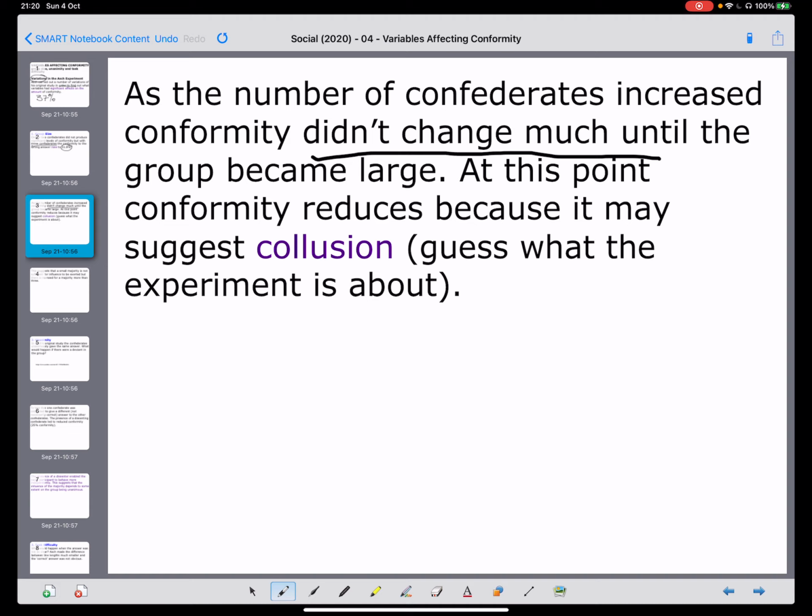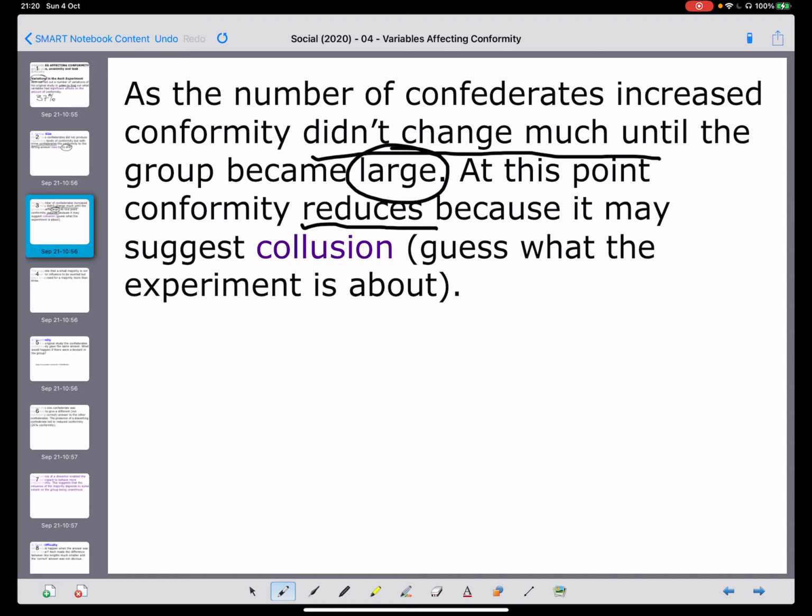But it says here, at one point, when the group becomes large, now he doesn't say what number that is, but basically it's maybe 15, 16, a big group, the conformity reduced. Now it doesn't say what it reduced to, but it was certainly lower than the 30% or the 37% we were expecting.